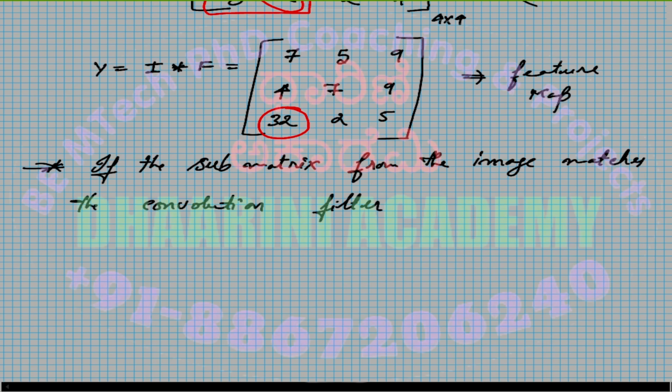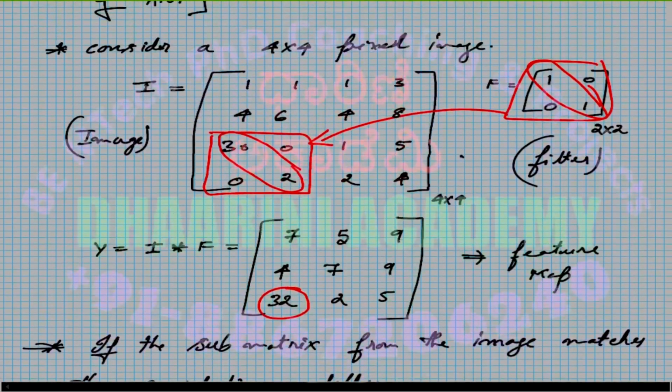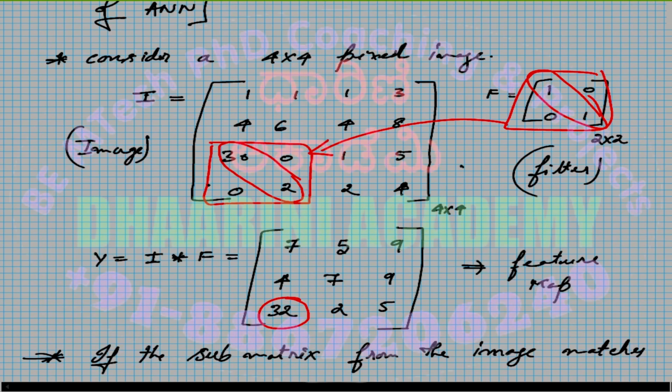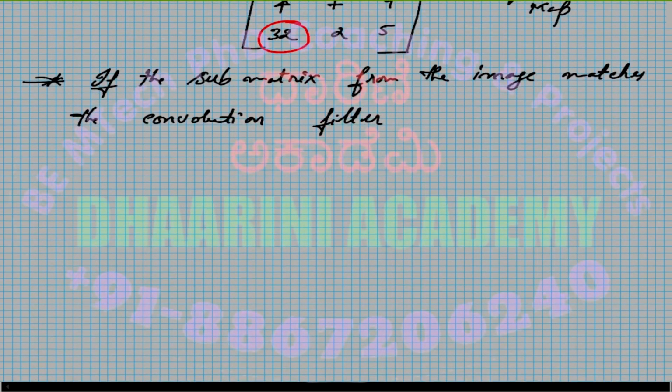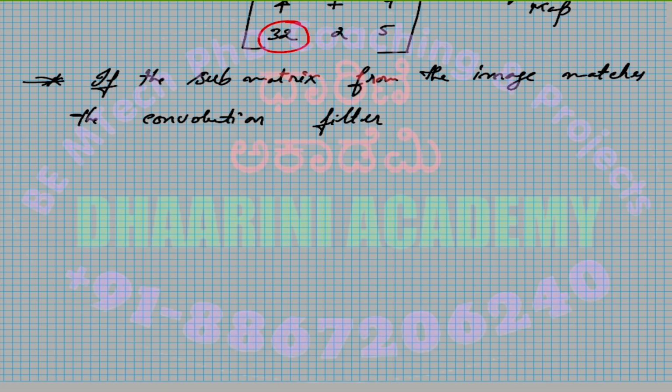In this case, both are diagonal matrices, because my filter is a diagonal matrix, and this sub part of the image is also a diagonal matrix, with only principal diagonal elements. Whenever it matched, I got a bigger answer. So matching is identified by results being larger compared to the other entries of the feature map.